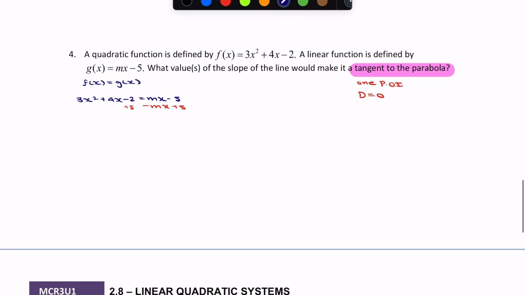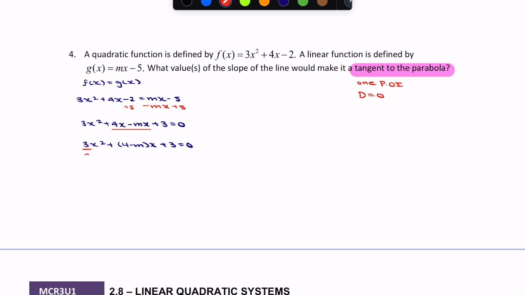So here we have 3x squared plus 4x minus mx plus 3 is equal to 0. And here, with the 4x minus mx, we're going to factor out our x value. So here we can rewrite this as 3x squared plus (4 minus m)x plus 3 is equal to 0.